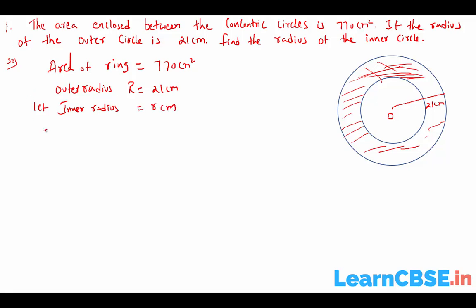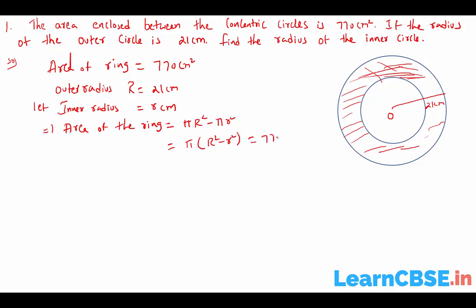Now the area of the ring again. What is the formula for the area of the ring? Area of the ring equals pi capital R square minus pi small r square. Bigger circle minus smaller circle gives the area between these two circles. That means pi into (capital R square minus small r square).